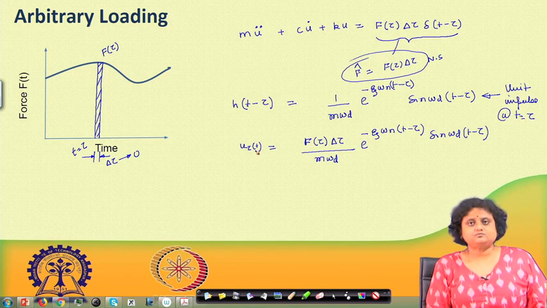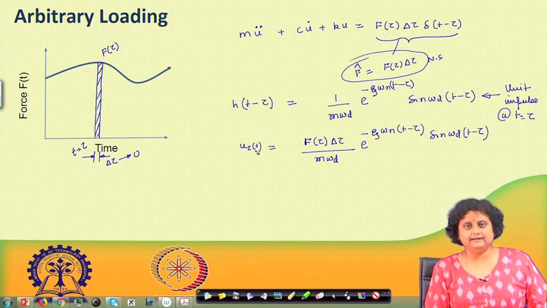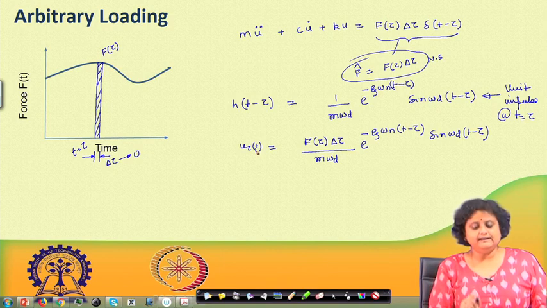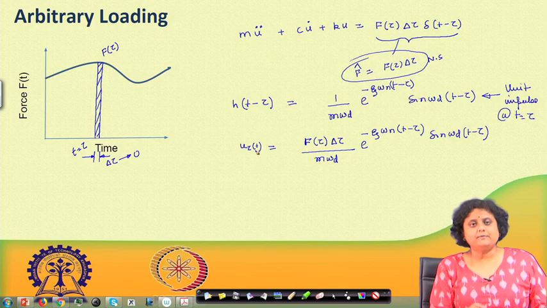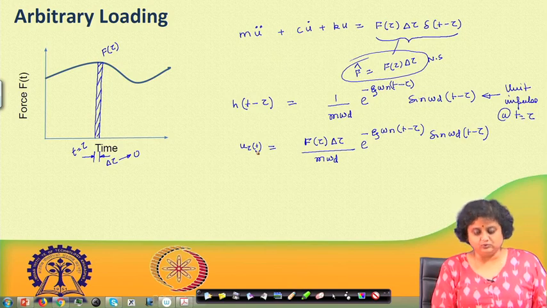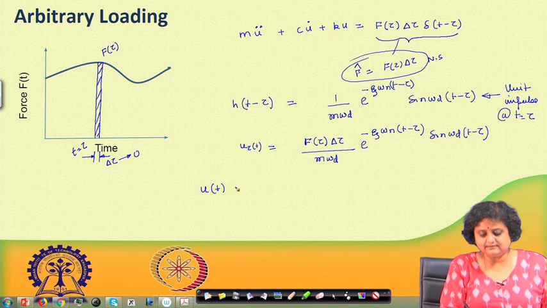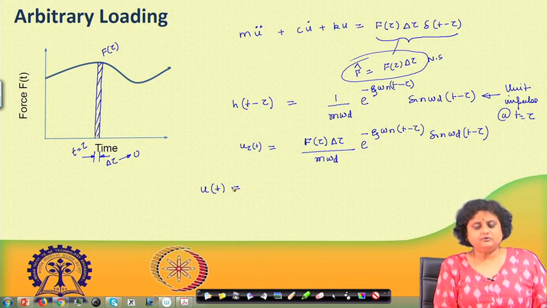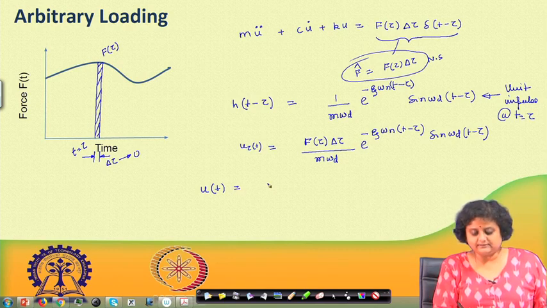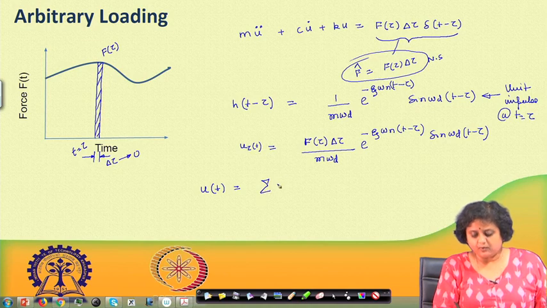Now, we have done this earlier: for a linear system the superposition principle holds, and since this is a linear system, the total response of the system, if I call that u of t, is going to be the summation of all these u tau of t.